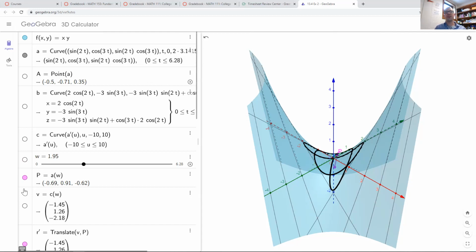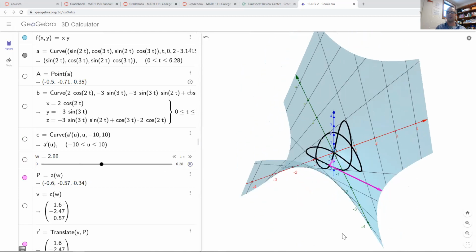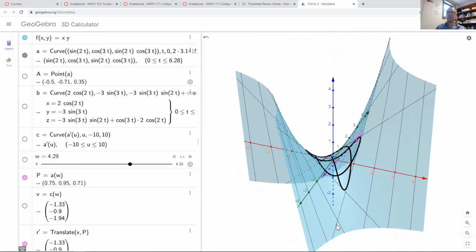And so creating the tangent vector from there is not so bad. We've just got basically a vector that's x, y, and then x times y for the z value. So we can have this three-dimensional tangent vector that zooms around the curve, and that's really cool.